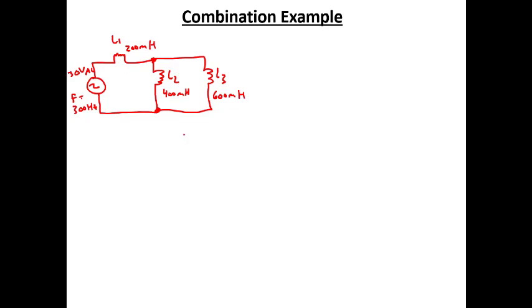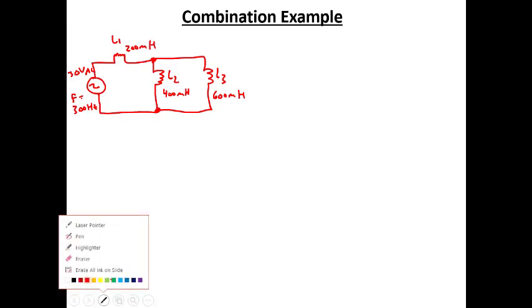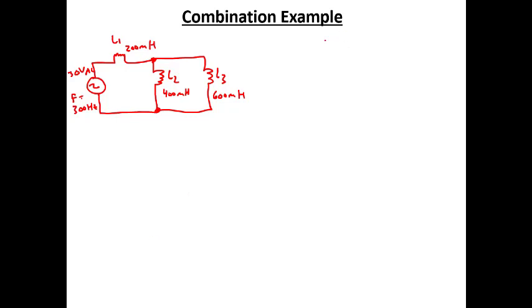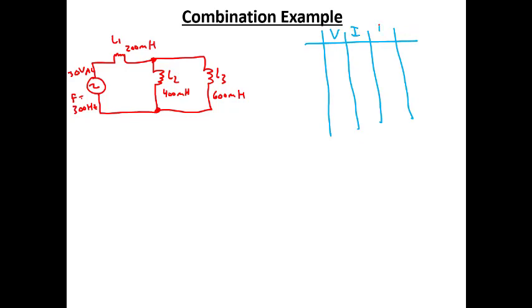All right, so here's our problem. The first thing we're going to do, just like always, is make a table for our answers. So we have voltage, current, inductance, and inductive reactance. For this one, we're not going to do the power.